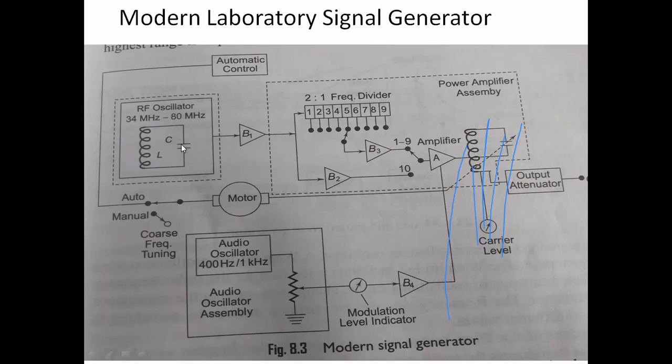Like that, just like a pendulum, it produces oscillations. Like that we can generate radio frequency oscillations in the 34 megahertz to 80 megahertz range. Here it was told that B1 is a buffer amplifier.